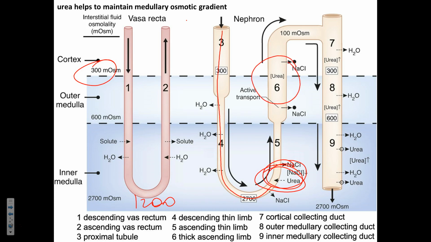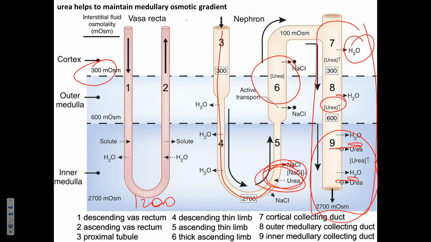So at this point, concentration of urea in the filtrate is relatively high, okay? As it enters the collecting duct, due to the water reabsorption, urea concentration increases even more, and more, and more, and eventually urea diffuses into the inner medulla, maintaining that higher concentration of urea in the inner medulla.